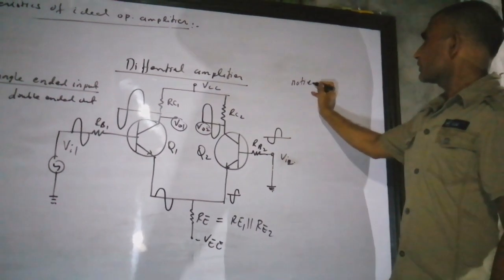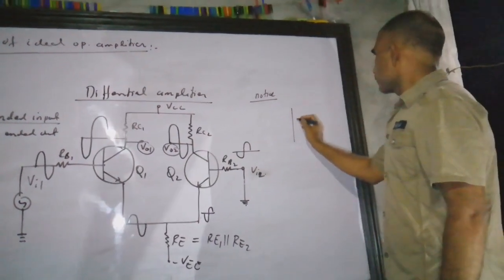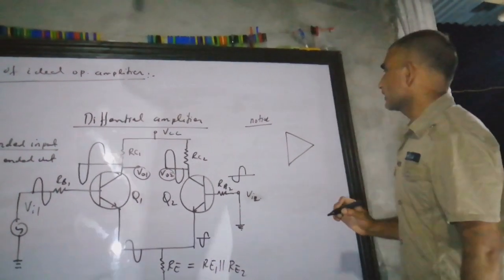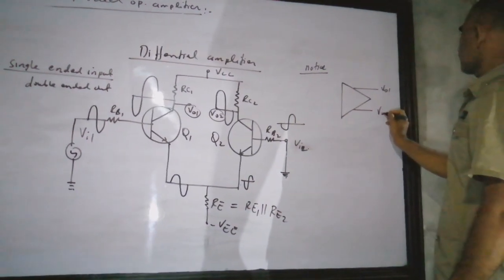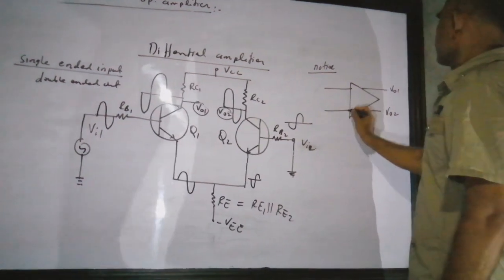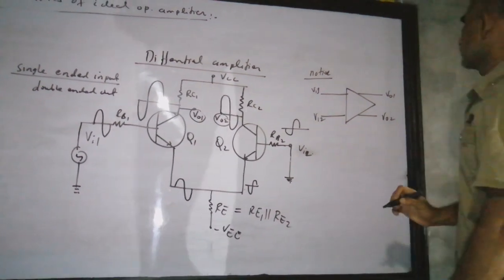we notice one important thing. Let me draw the symbol for the differential amplifier. There are 2 inputs and 2 outputs, so this is Vout1 and this is Vout2, and these are the 2 inputs, Vin1 and Vin2.